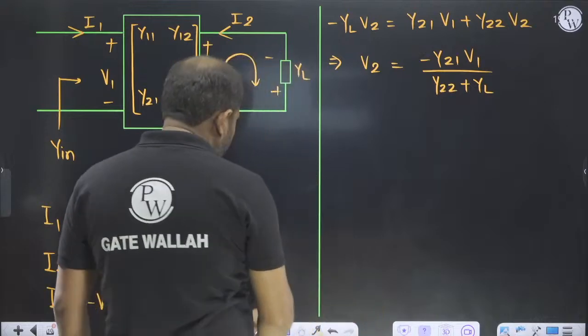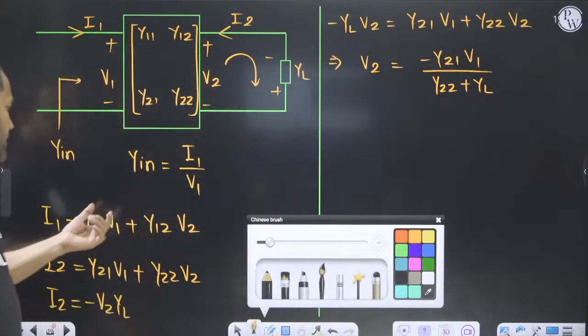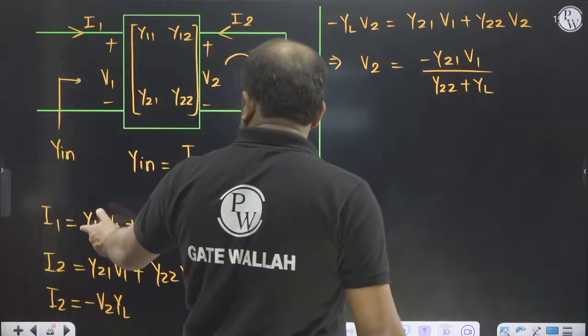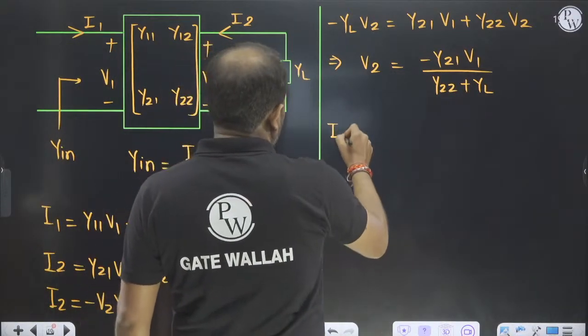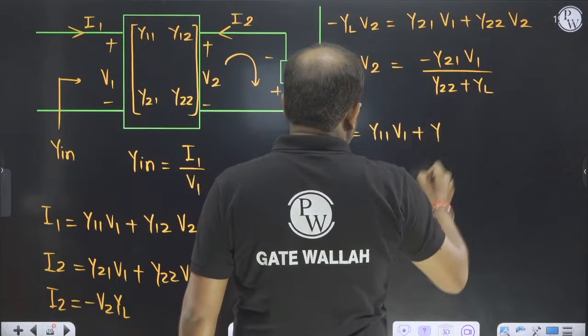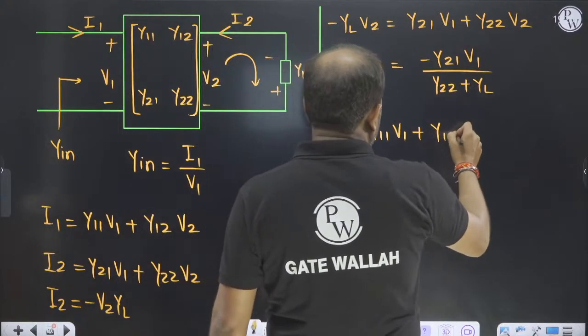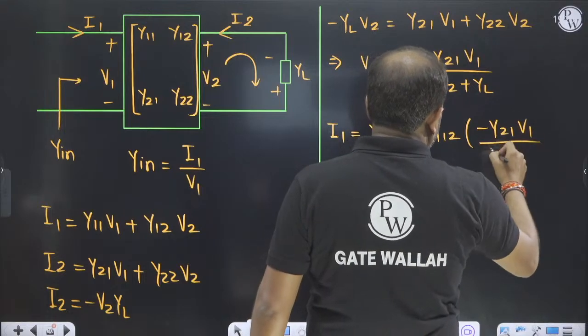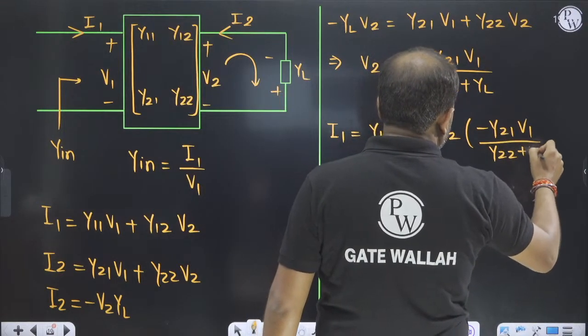This is V2, and V2 will be put in equation 1. So in equation 1, I1 is Y11 V1 plus Y12 V2, where V2 is minus Y21 V1 divided by Y22 plus YL.